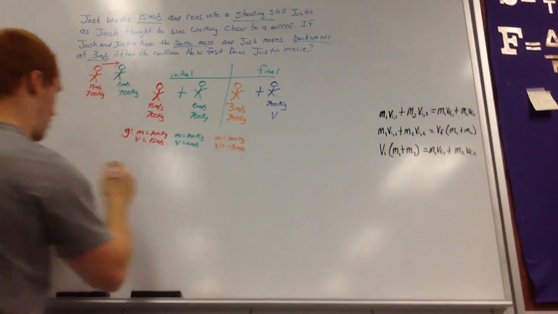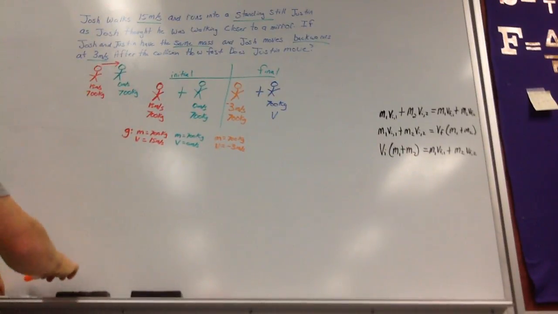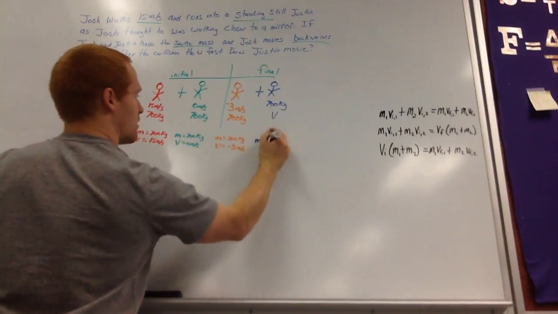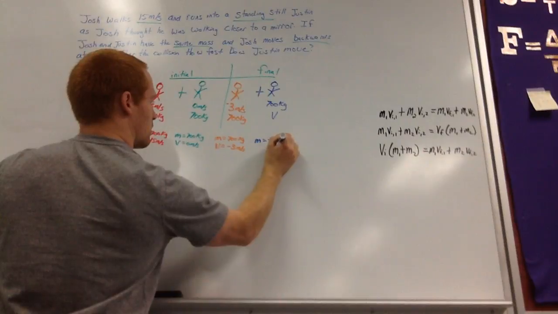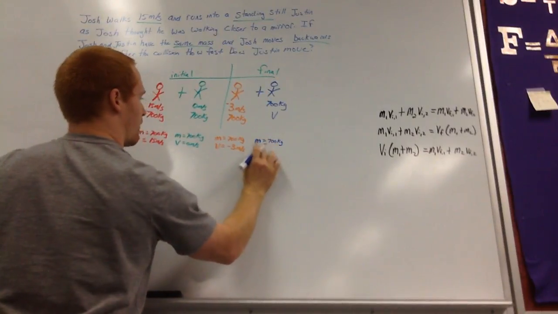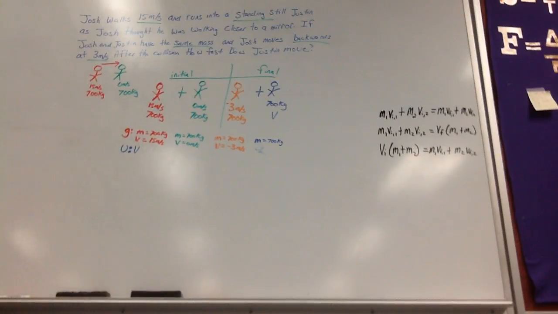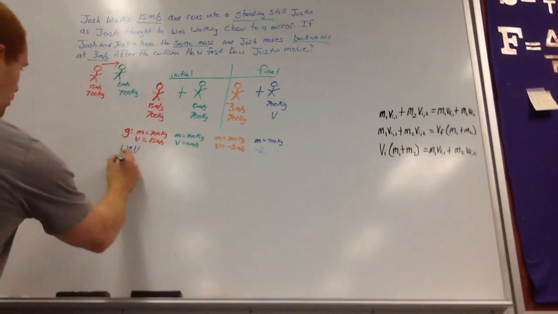Remember, it's negative because it's going backwards. Mass for the fourth object, 700 kilograms. And we are looking for that velocity, so I'm going to put that under our unknown. We are looking for the blue velocity, and that would be the velocity of Justin. Now what we need to do is find our equation.